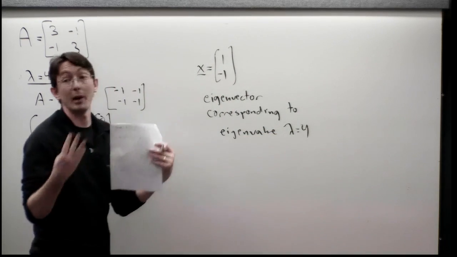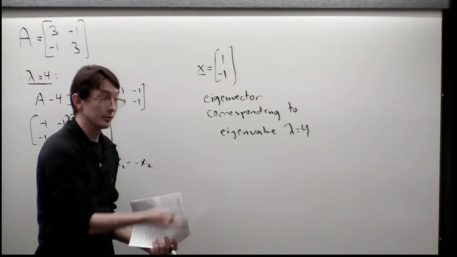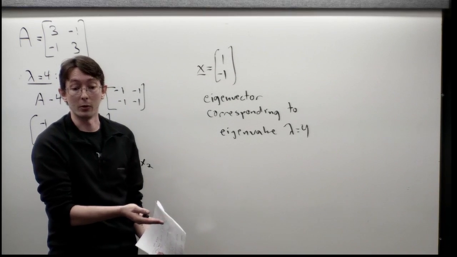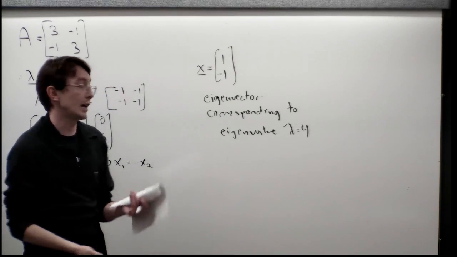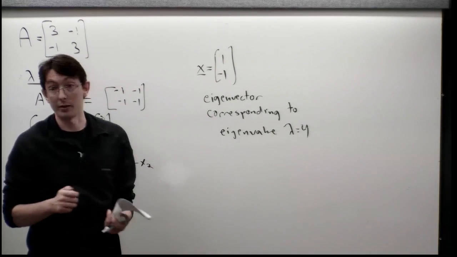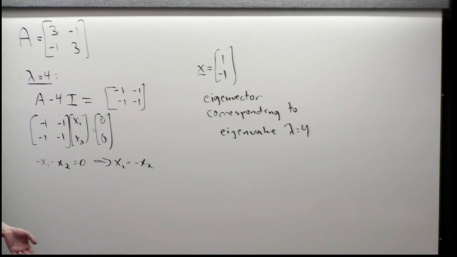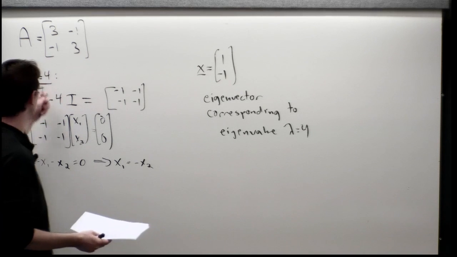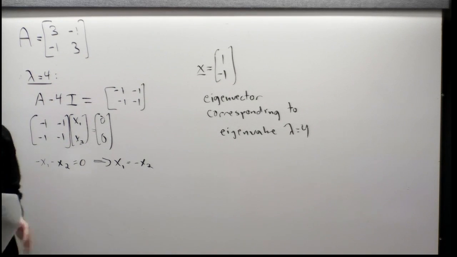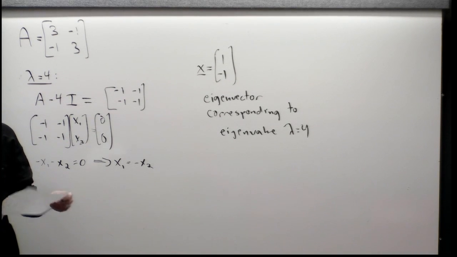These things come in pairs. I had two eigenvalues, lambda equals 2 and lambda equals 4, and each of those eigenvalues had their own eigenvector direction. And this is how you compute them. It's a two-step process. First I compute lambda, and then I compute x.